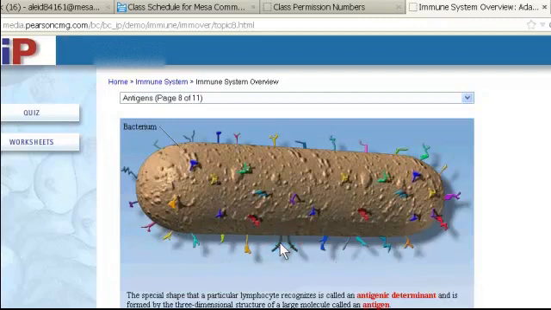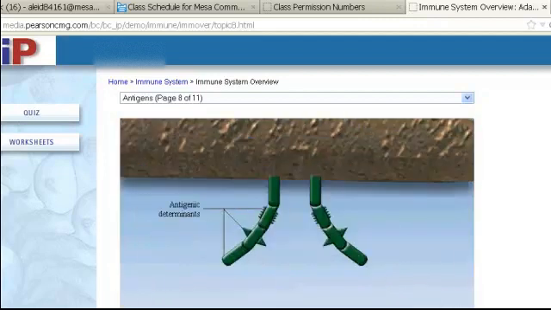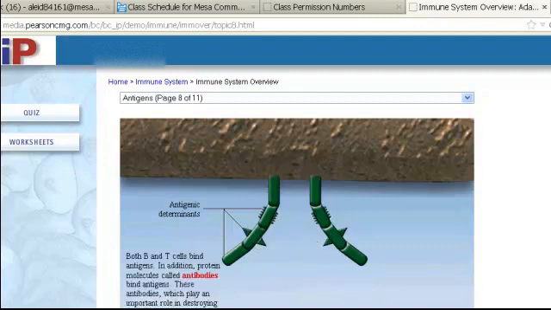Okay? So say, for instance, these proteins right here are the antigenic determinants or the antigens that we would be using to identify this pathogen. So what we might have is a floating antibody that would come around, and again, if it has a shape that would fit this antigen, then it would be able to link up with it.